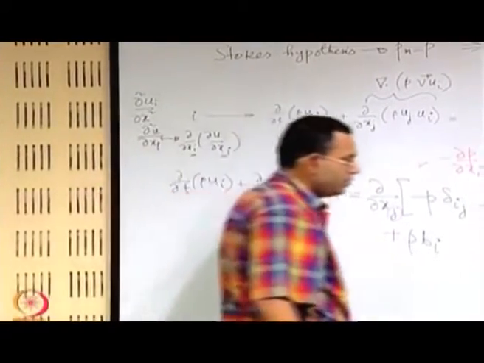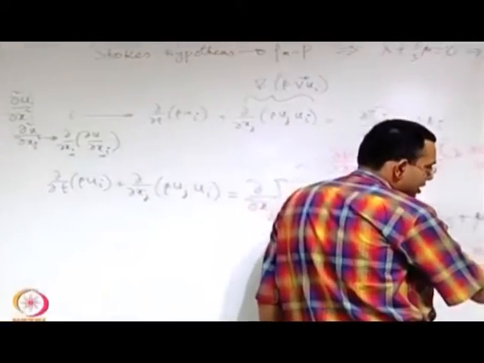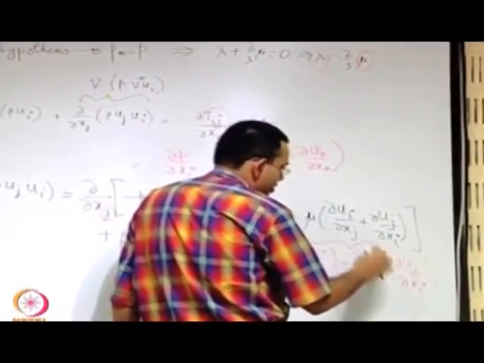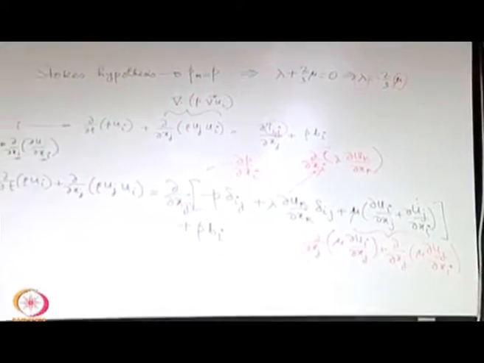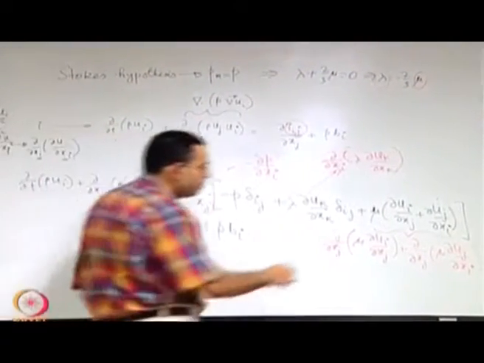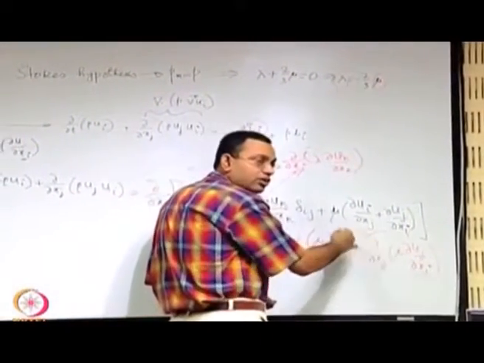Now, first of all let us say that we are dealing with constant properties. If you are dealing with constant properties, the mu you can take out of the derivatives.